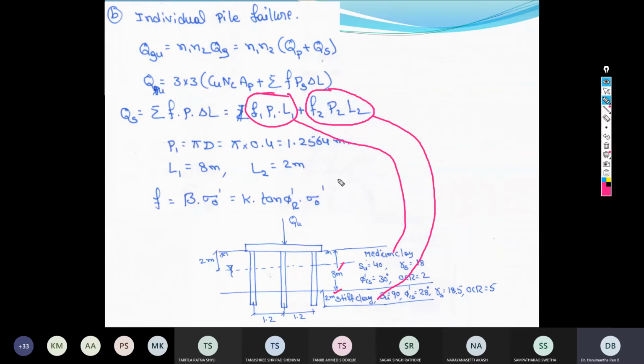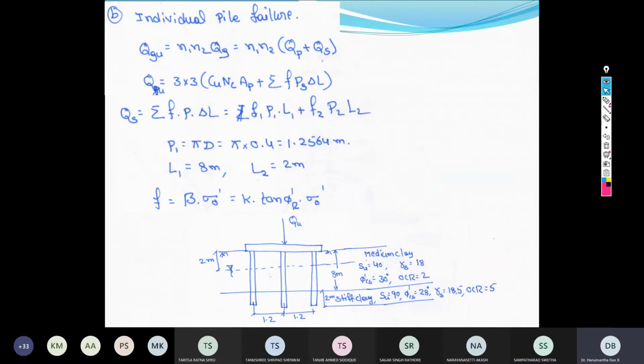Now the most important point in the beta method is that the equation for unit skin friction is beta into sigma naught dash, where beta is nothing but K into tan phi dash r into sigma naught dash. So phi dash is known, and sigma naught dash and the K value you have to calculate. So just refer to these equations.